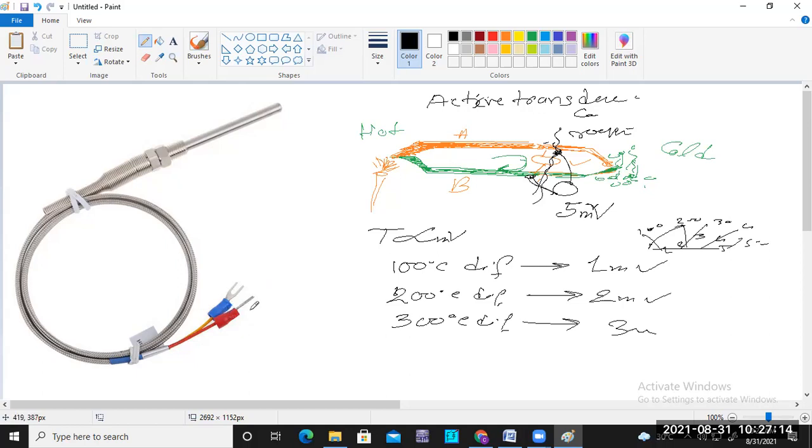This color code is very important because in the industry, all thermocouples become just blackish, and no color or written labeling will be available there. So only to detect J type, K type, S type, R type, you have to know this color code. Many times the color code is asked in interviews. And you have to know this.